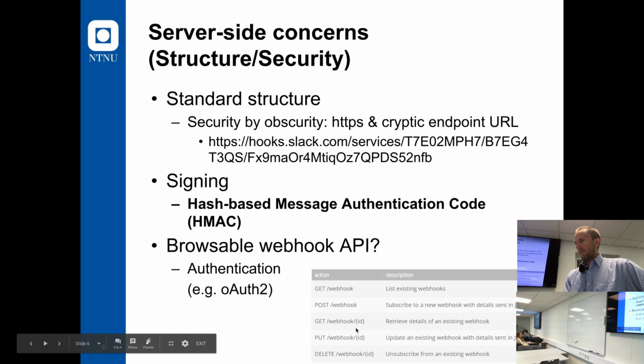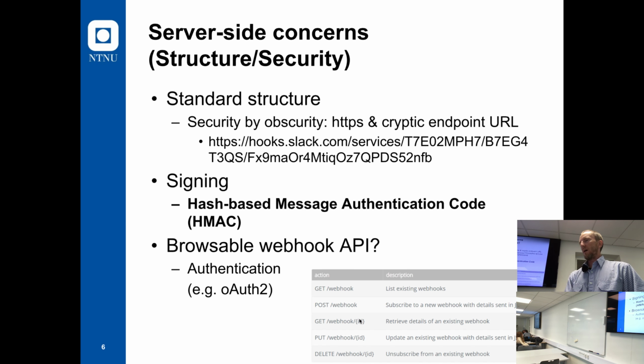You can have, like in our assignment 2, this simple browsable webhook API, right? We don't actually browse it, we just register it, we look it up, and we delete it, right? We cannot list all the registered webhooks in the spec that we've done.